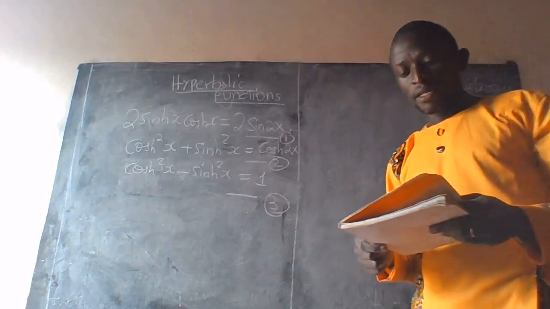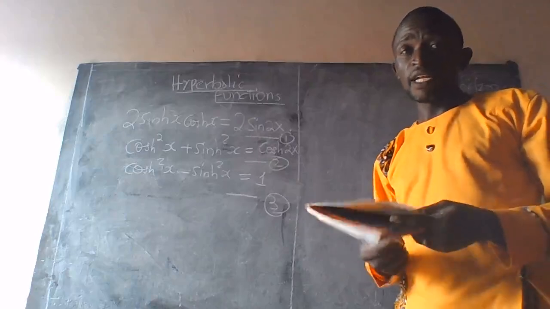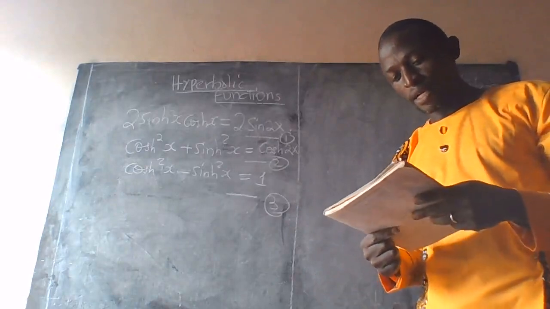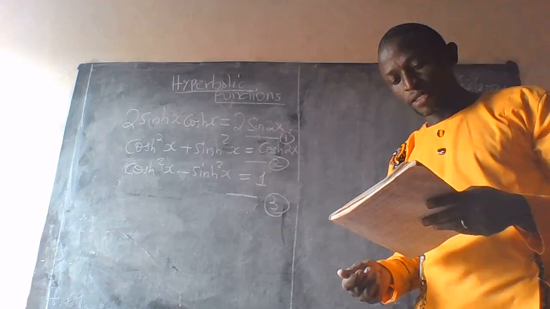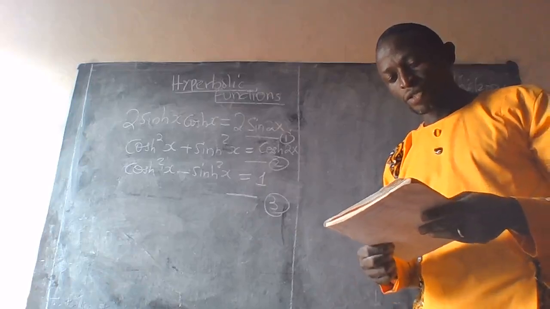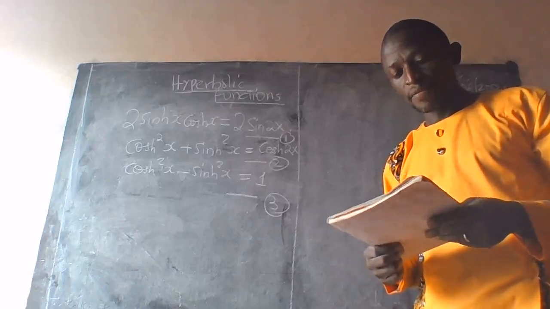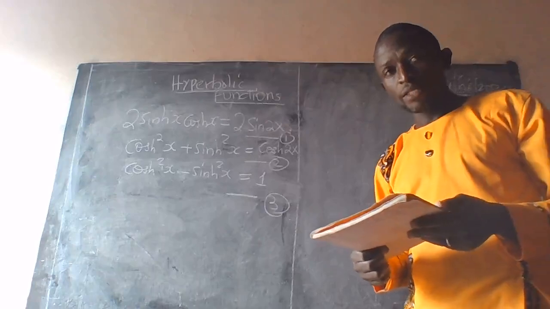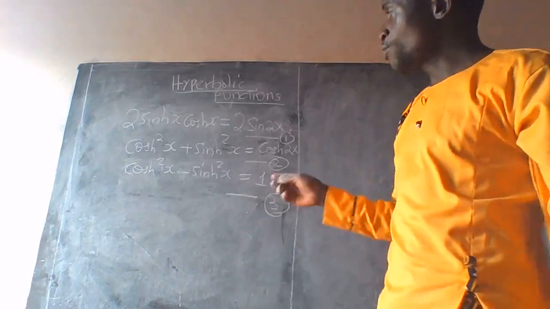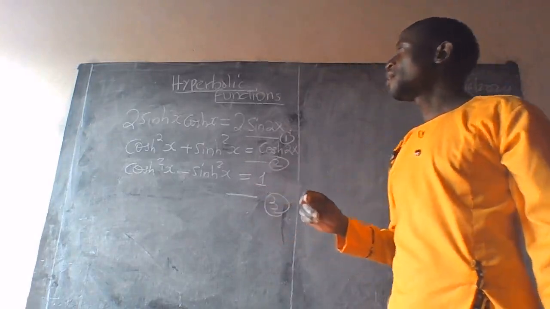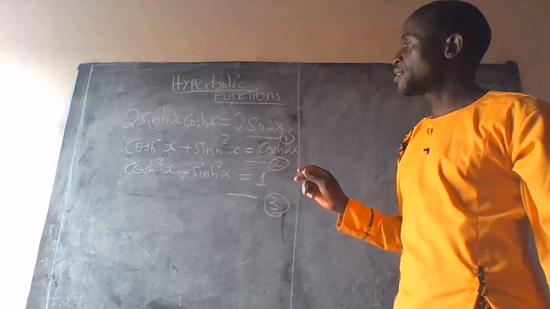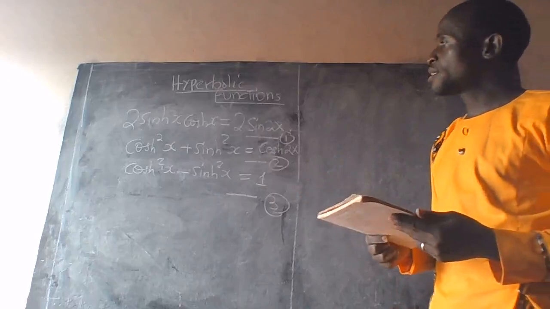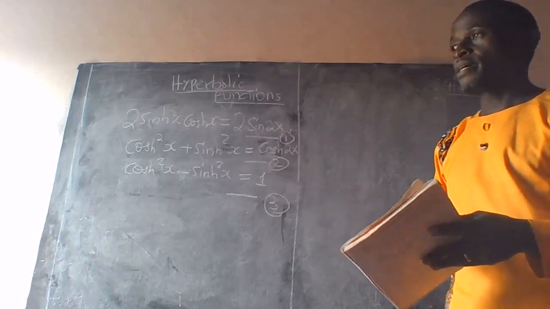As you can see, that is very clear to us. So it is good for us to know that and see how we can work that one out. We have learned the trigonometric functions, and now we have seen how to get the hyperbolic functions from the trigonometric functions.